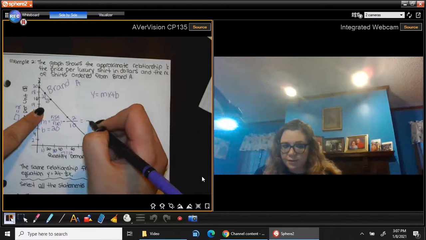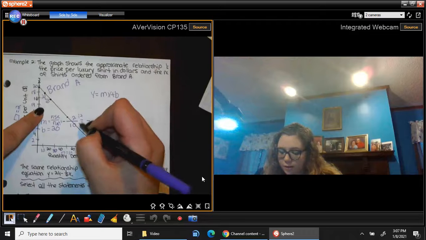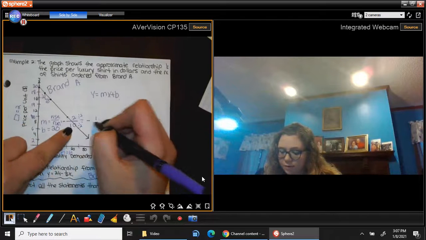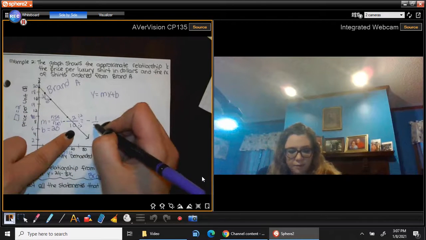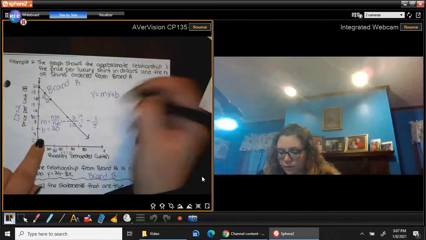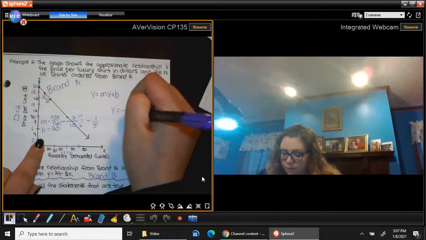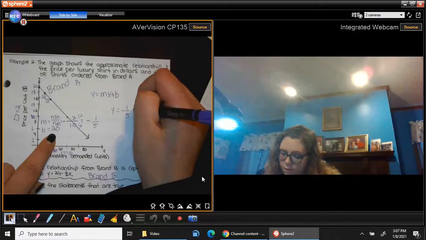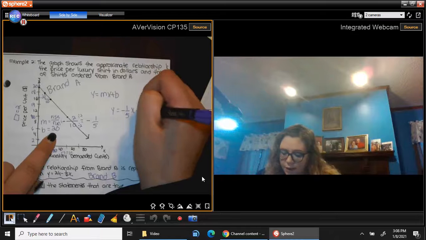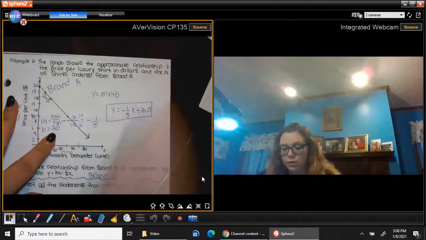I always need to simplify it. 2 will go into both: 2 goes into 2 one time, and 2 goes into 10 five times. So my slope is going to be negative 1/5. So I have y equals negative 1/5 x plus 20, and that is going to be my equation for the graph.